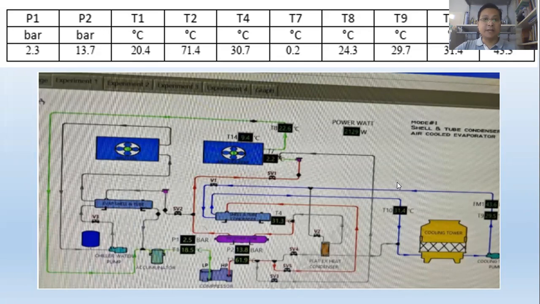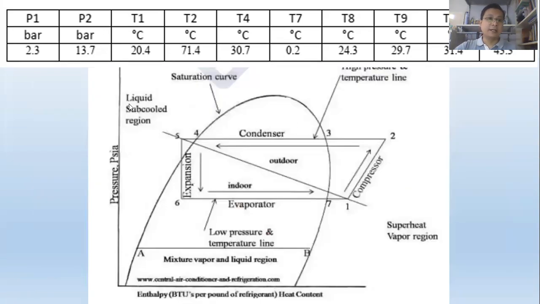From there, we can plot the P-H curve. From this one, we can identify which one is T1, T2, T4, and we close by T4, T6 here. In this case, T6, but actually it is known as T7.